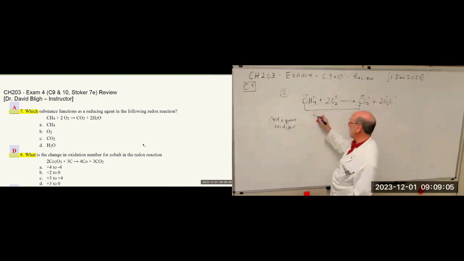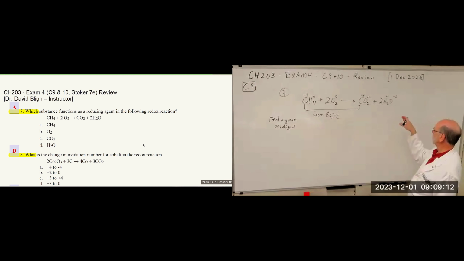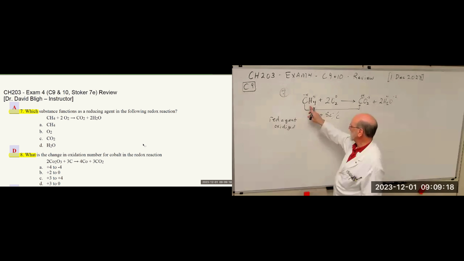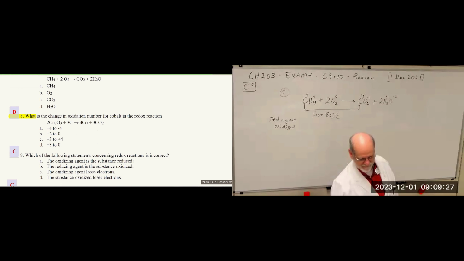So we actually have a loss of 8 electrons per carbon. That one appears to be balanced. So there's your reducing agent, the one that's oxidized, the CH4. Right.